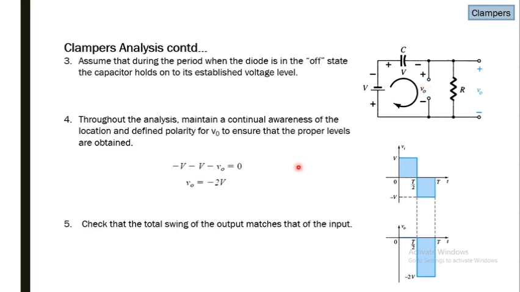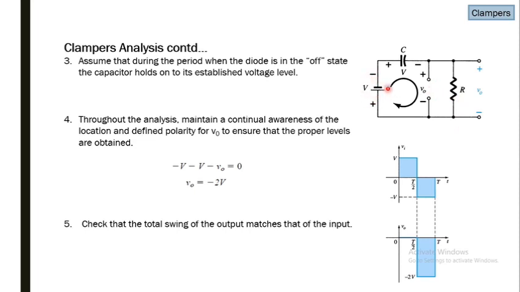Now to calculate the output voltage, we can apply KVL around this loop. We have a drop of V volts since the diode is off for the negative half cycle.